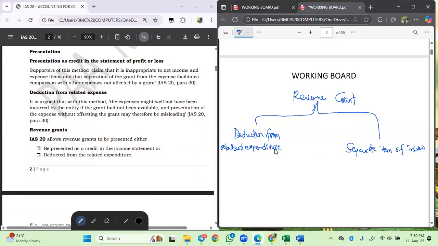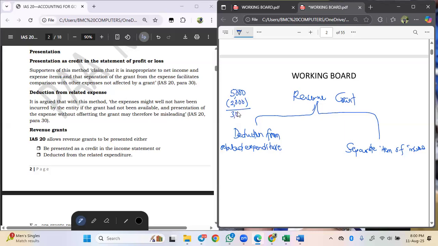So with the deduction from related expenditure, let's say you are incurring costs on planting trees at the roadside, and the whole amount involved is 5,000 Ghana cedis. If the government gives you this kind of grant, say 2,000 Ghana cedis, you just offset it with the cost of your project.